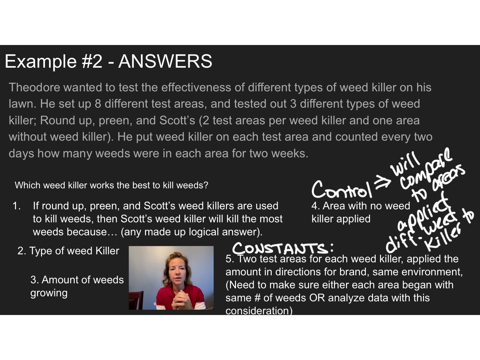You want to make sure that maybe if you can start with the same number of weeds, or consider that as you analyze your data. How much do the weeds change? So when you're in an outside environment, it's hard to make sure that you are keeping things constant, but if you're in the same area, you can try to keep that environment the same.